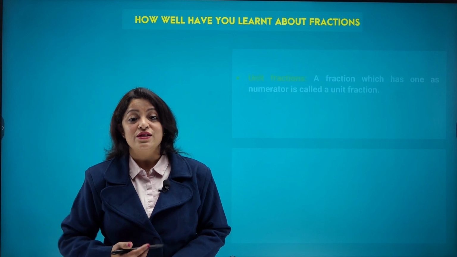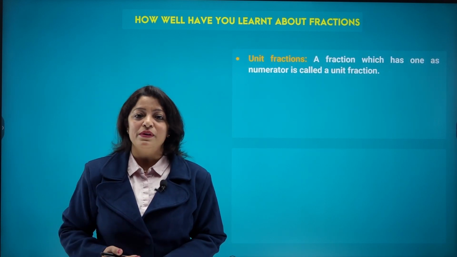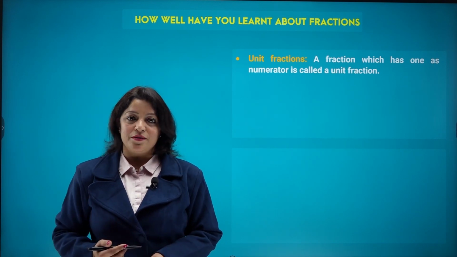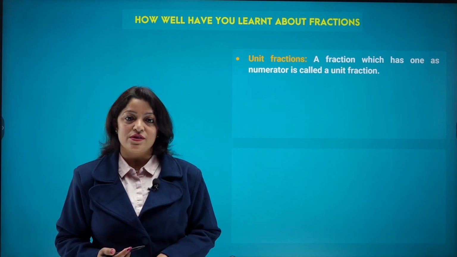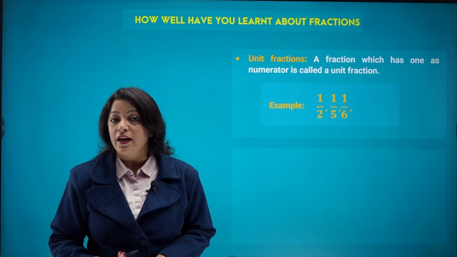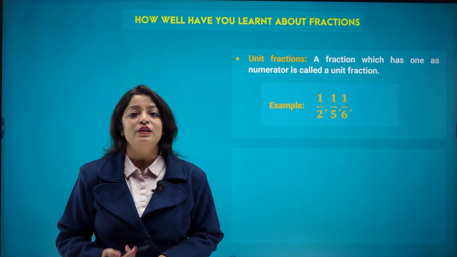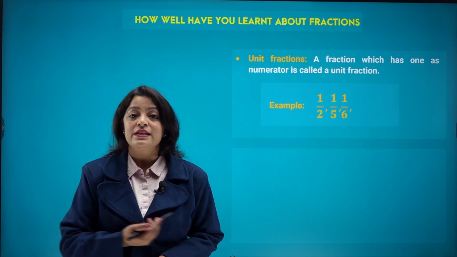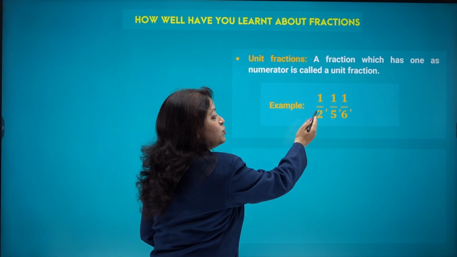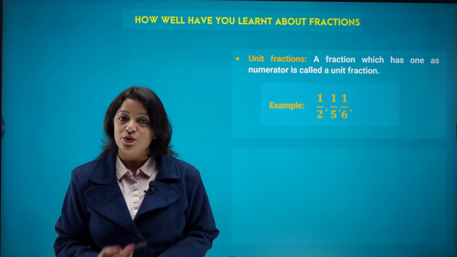Now, the next type of fraction is unit fractions. Again a very simple one. A fraction which has 1 as the numerator is called a unit fraction. Like 1 upon 2, 1 over 5, 1 over 6. They all are examples of unit fractions. Now what do you understand by a fraction? If I say 1 over 2, it shows that 1 is divided into 2 parts, then each part is called 1 over 2.